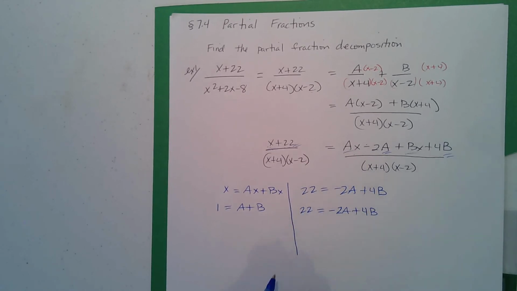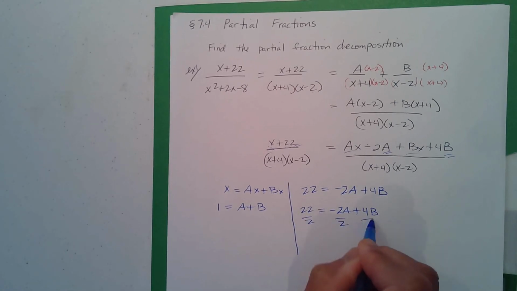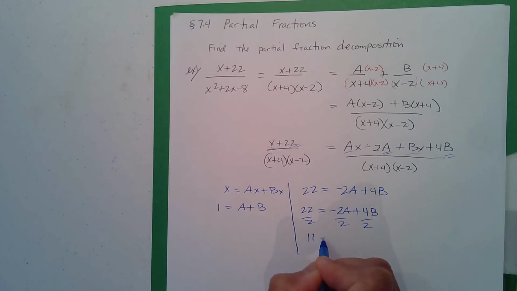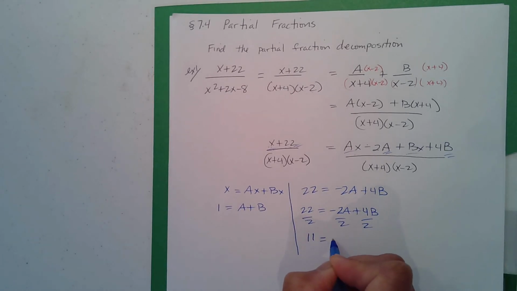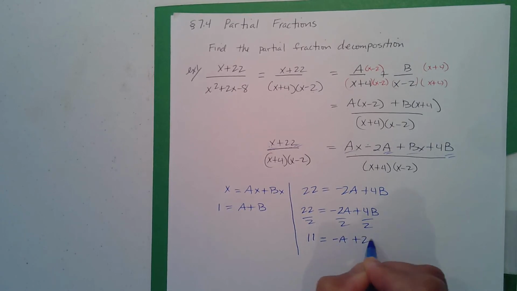We had no x's, so let's just reduce this by 2, make it smaller. This is now going to be 11 equals negative A plus 2B.